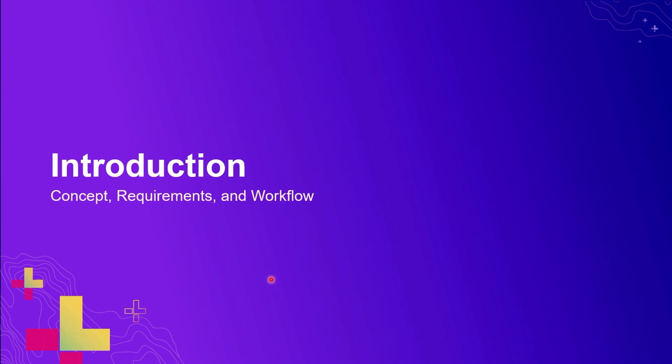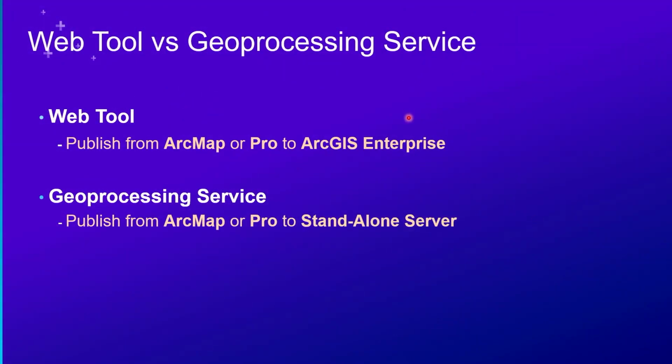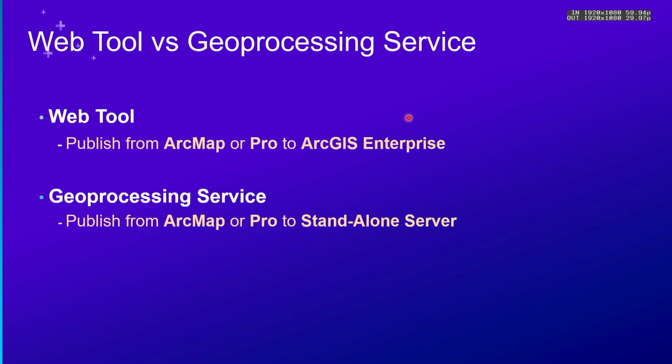Introduction. I will show you the concept and the requirements. All right, so the difference between a web tool and a geoprocessing service is that a web tool you publish from both Pro and ArcMap to ArcGIS Enterprise. But after you publish, there's a type called tool that appears in the portal item.